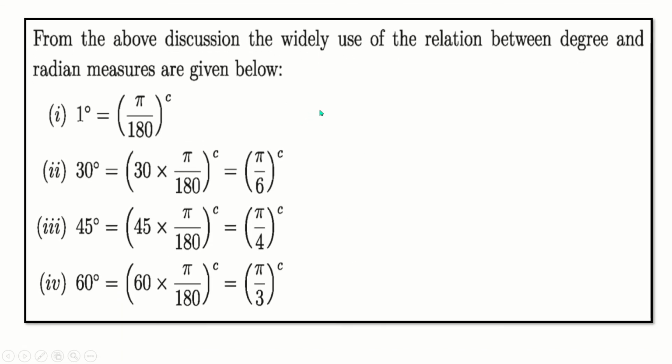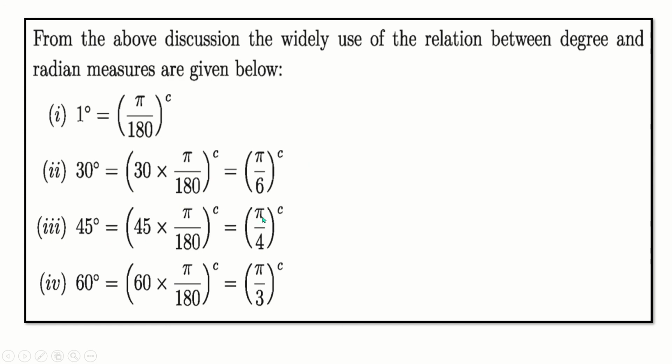By using the previous relation, 1 degree is equal to pi by 180 radians. Putting 30 degrees instead of 1, the right side will be 30 into pi by 180. As a result, 0 cancels, 3 and 18 cancel, that means pi by 6.